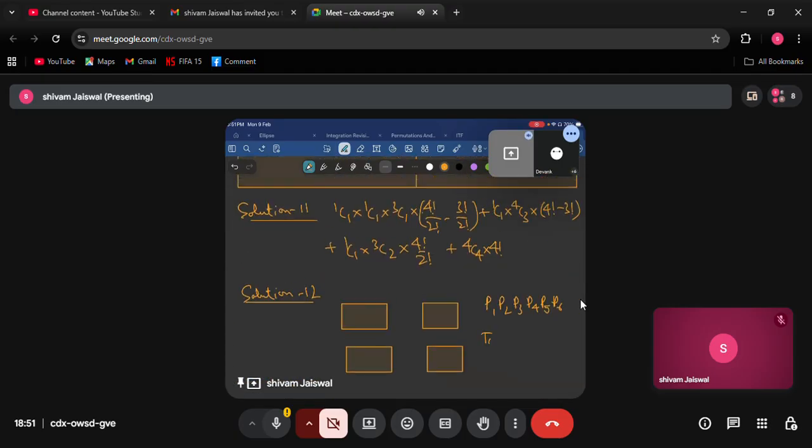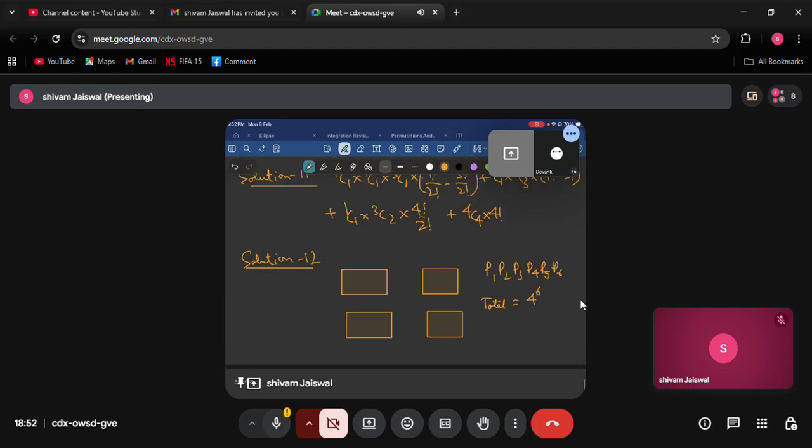Total will be how much? Each person can choose 4 rooms, right? So it is 4 to the power 6. Any of the 4 rooms. Each person has 4 choices. So 4 to the power 6. But that is huge. Anyways, next.